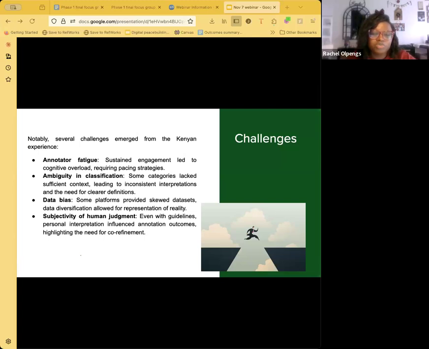What we also experienced was ambiguity, because again, ours was text annotation. We were looking at posts across social media, and some of these lacked context. So sometimes you would come across content that you were not able to sufficiently classify, because it needed more information for us to be able to mark it successfully.